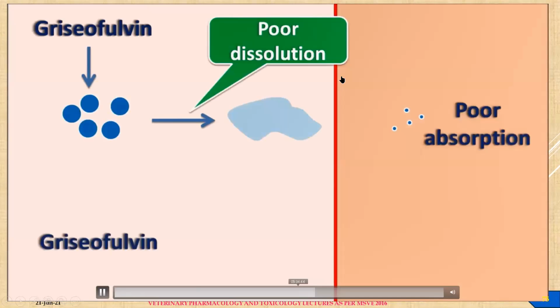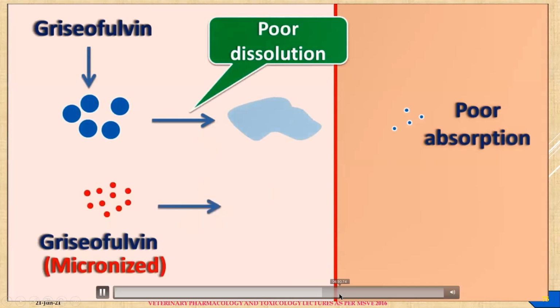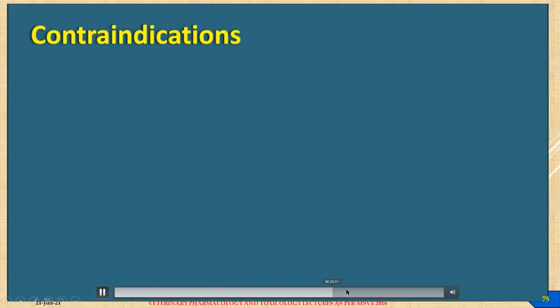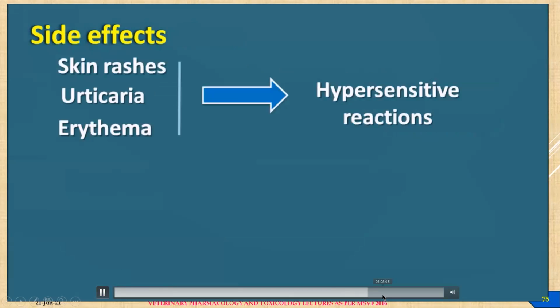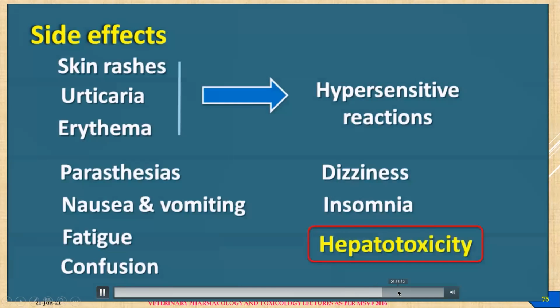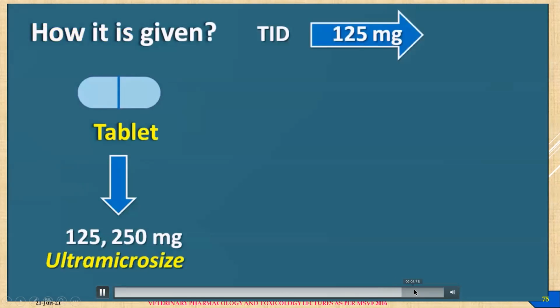Because of the very poor absorption, you can see the micro-size form. Important: it should not be used in pregnancy, and it should also not be used in cats. It also has hepatotoxicity and other commonly seen side effects. It is available as tablets, and there are no injections.